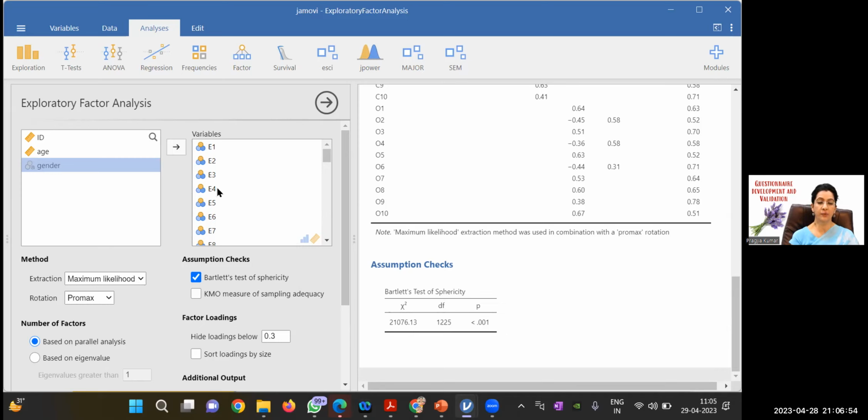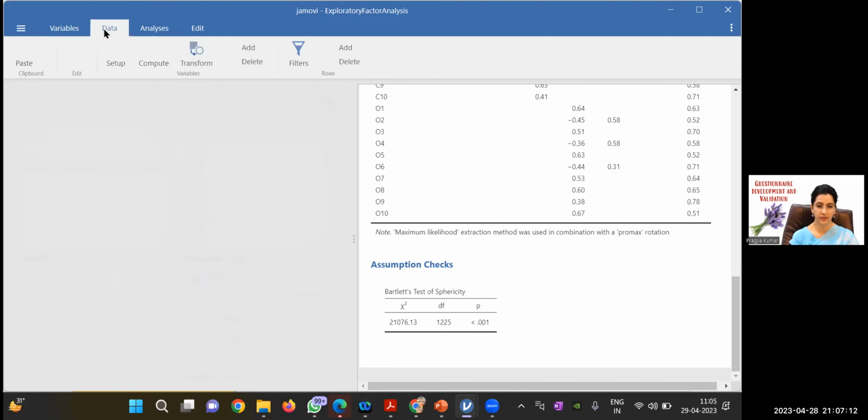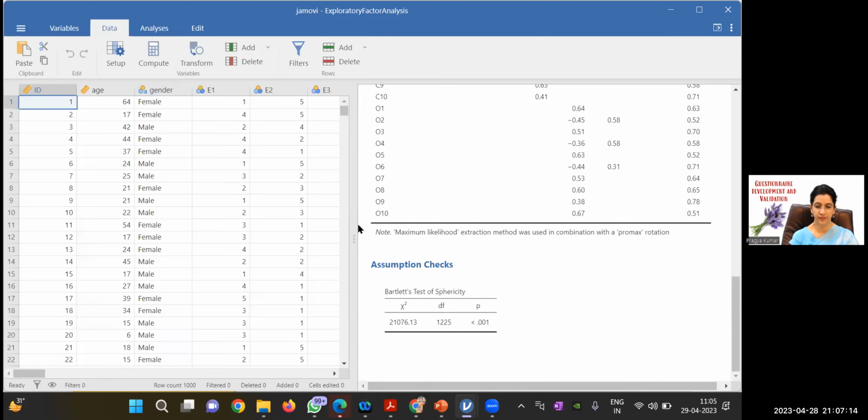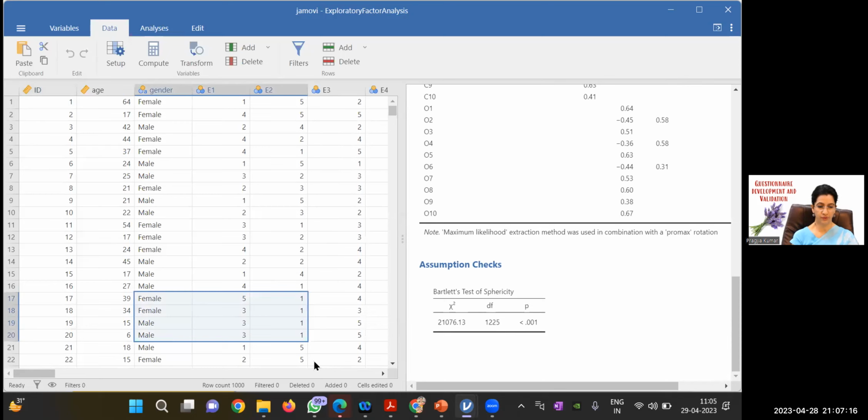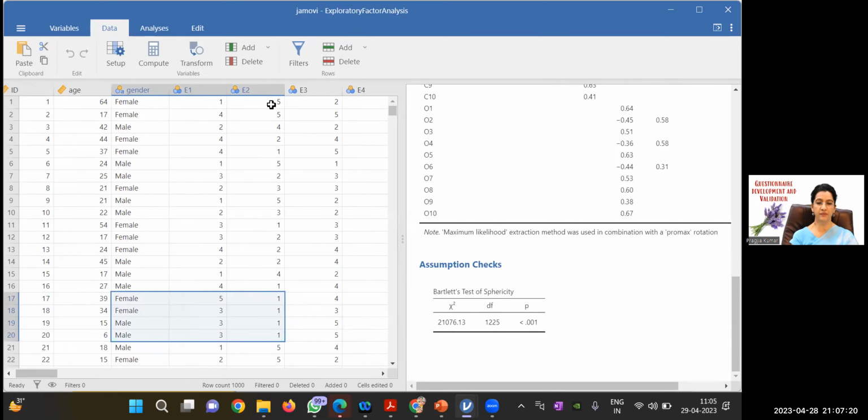These E1, E2, E3 are the same questions which you people have responded to. This is not the data which we have taken from you; it is some other data set. Let me show you the data first, because I always forget to show the data. This is E1, and this is the 1 to 5 scale which you people have filled.